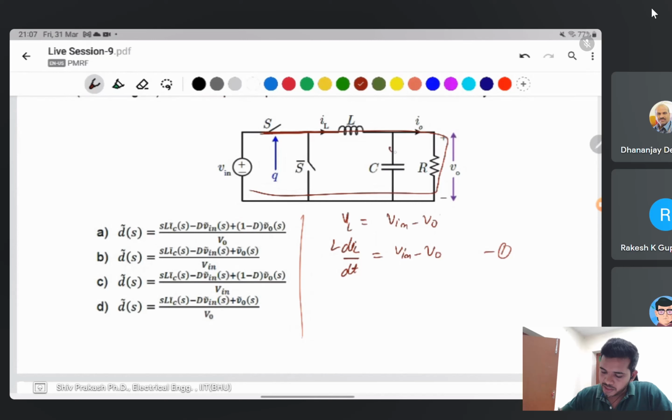And the IC current can be written as IL minus I naught. IC is the same as C dVc by dt. This is for Q equal to 1, when the switch is on.